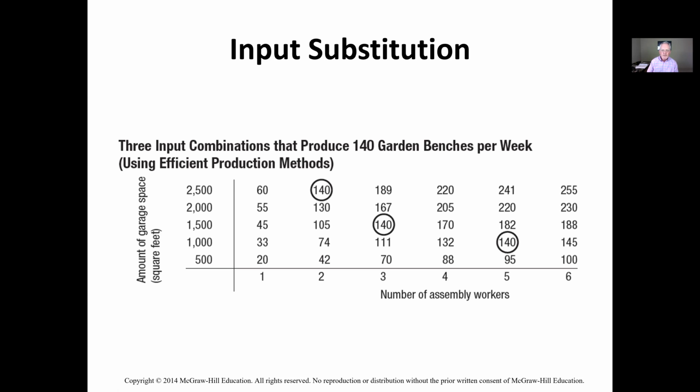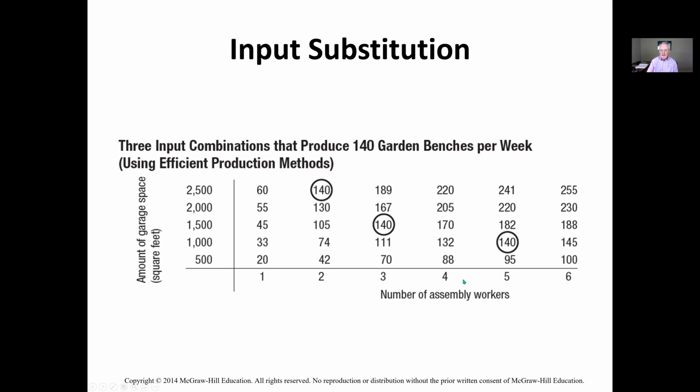And as you can see, there's some substitution. So if we were to focus just on producing 140 garden benches per week, we could do so with 2 workers and 2,500 square feet of garage space. So 2 workers and 2,500 square feet of garage space. So this garage space is our capital, it's our building.